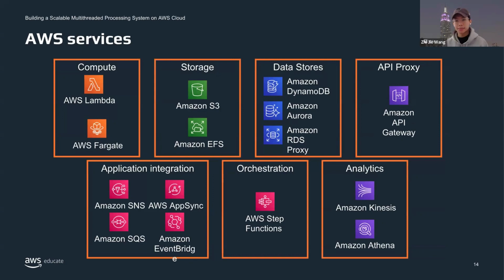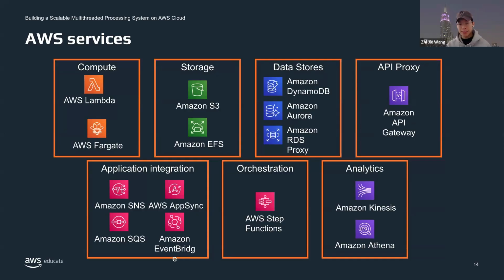Next is the API proxy. We can host our API Gateway on AWS to manage our inbound and outbound internet traffic, or our inbound and outbound data, to ensure software security.